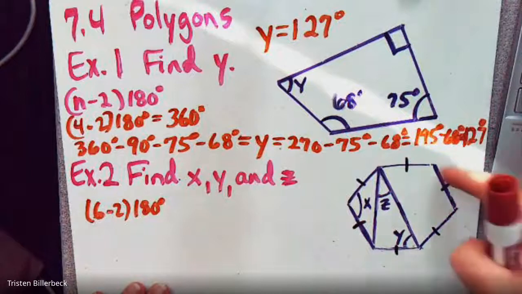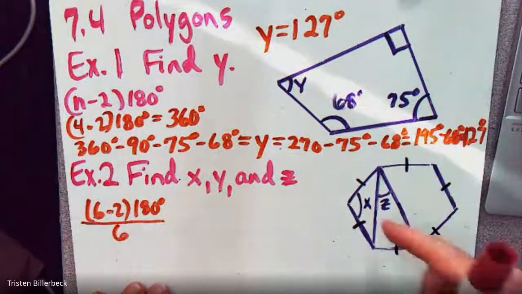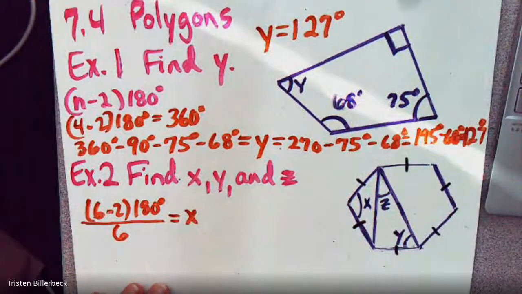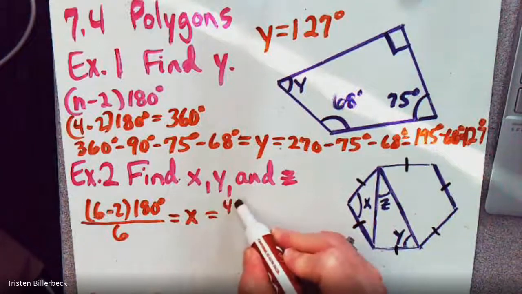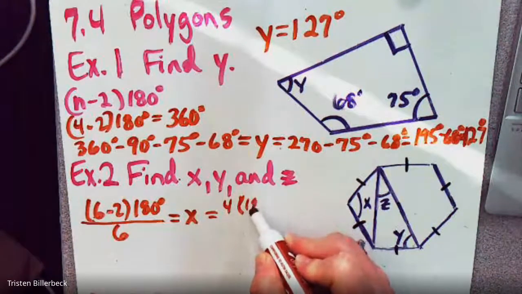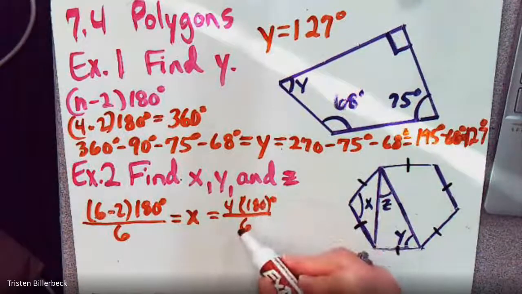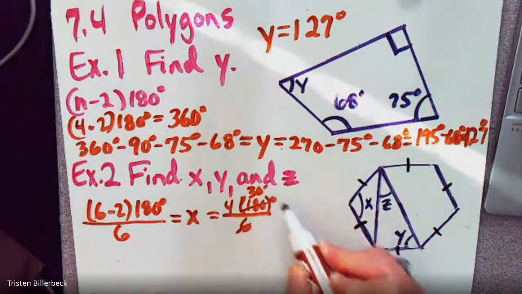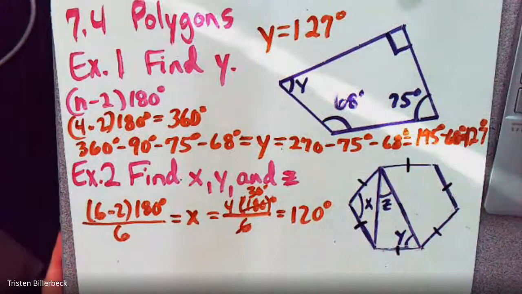And we're going to divide it by 6 to find that x, the one angle right there. So we have 4 times 180 over 6. We can cancel to make that 30 degrees to make our calculation a little easier. So x is 120 degrees.